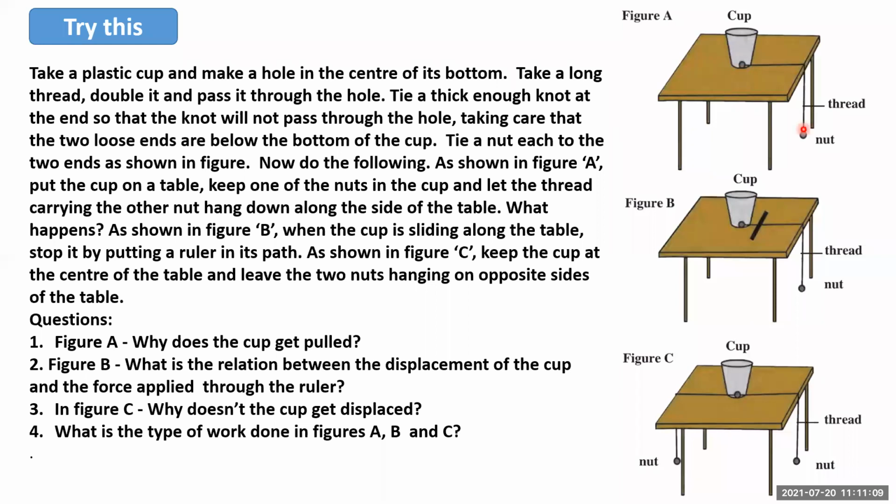After some time it will fall. Next question, figure B: what is the relation between the displacement of the cup and the force applied on the ruler? The force is in the direction of the thread, and you are putting the ruler perpendicular.